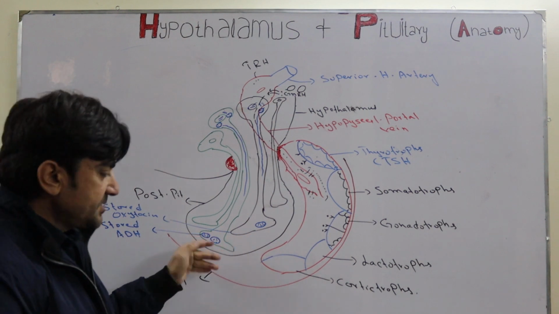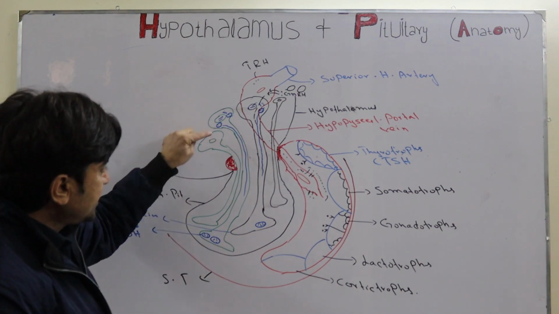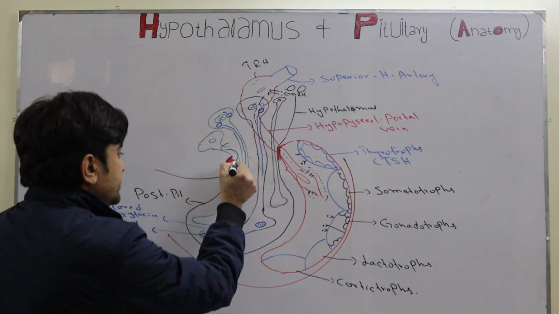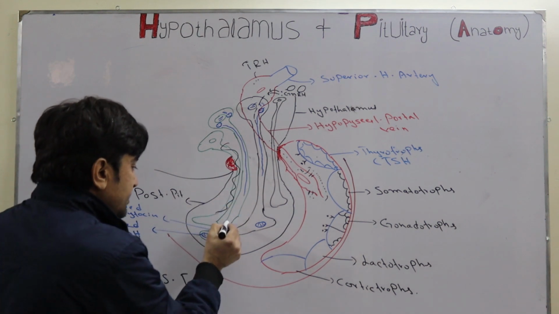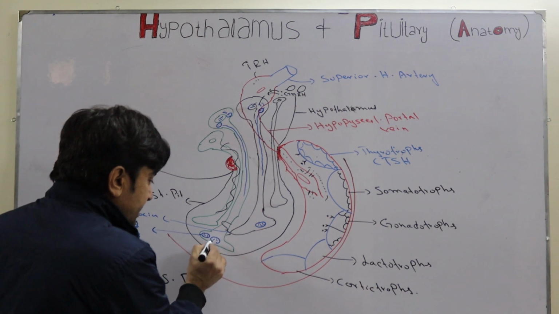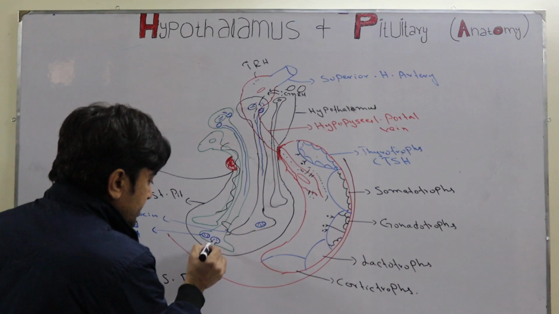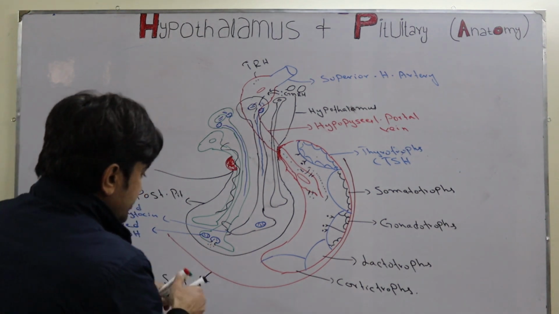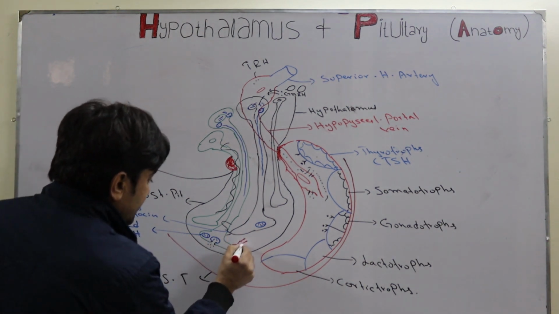When ADH and oxytocin are needed, then a message comes in the form of a nerve impulse to the end of these neurons. So when a nerve impulse reaches here, then the vesicle membrane and neuronal membrane fuse with each other, and exocytosis occurs. As a result of exocytosis, the hormone is released, and here also blood capillaries are present.